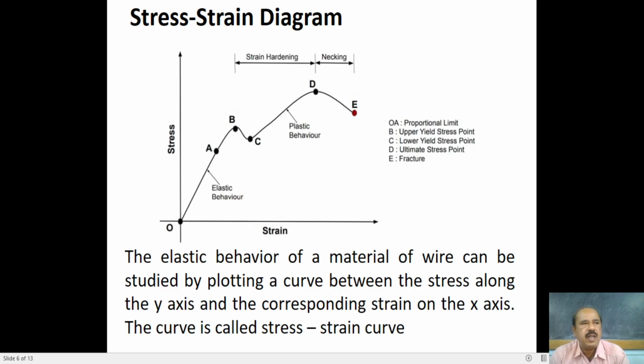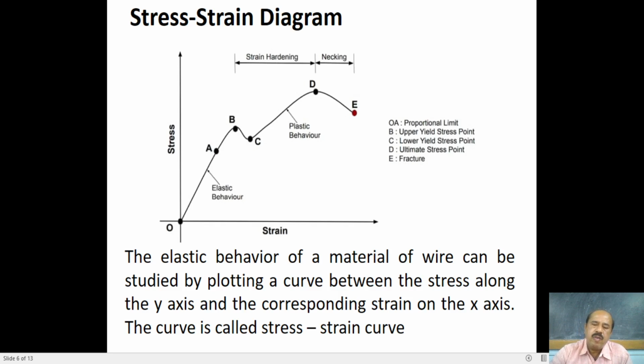There are some materials which take some extra time to regain their original condition. This effect is known as elastic after effect. For example, gold, silver, etc. These are the materials which exhibit elastic after effect. With the help of this stress strain diagram, I hope you have all understood.